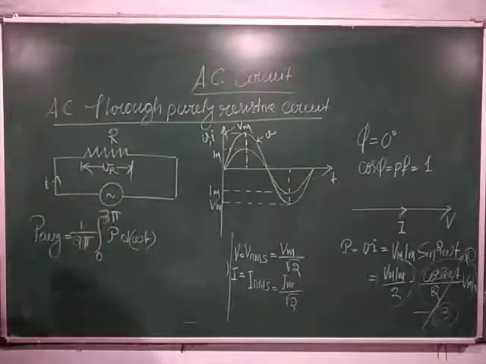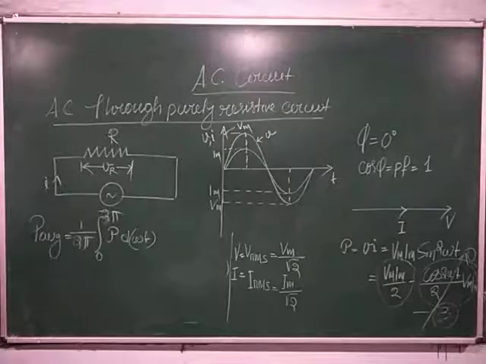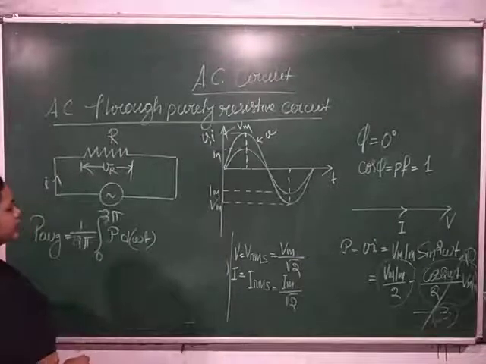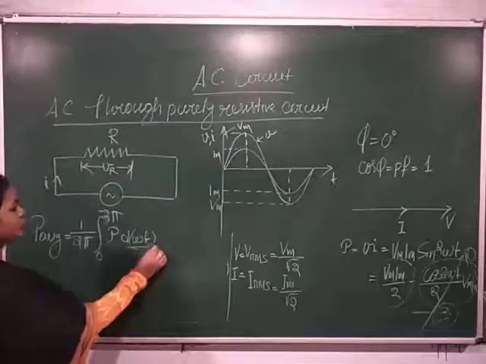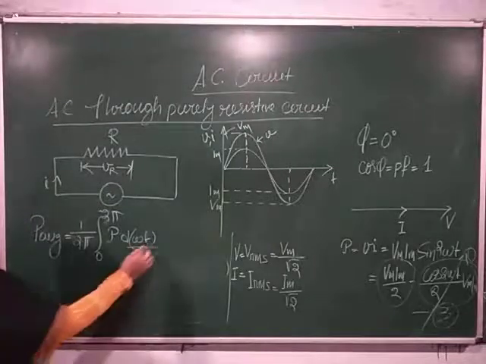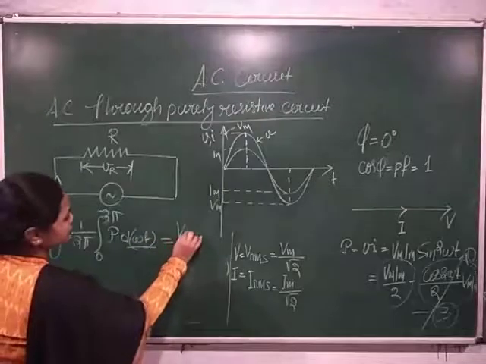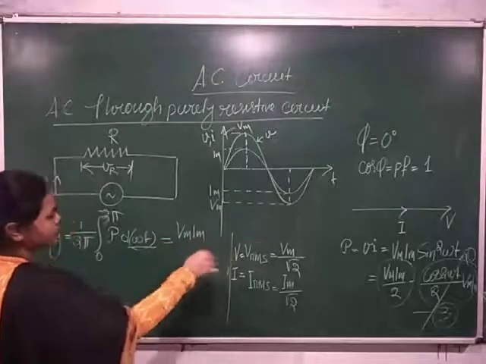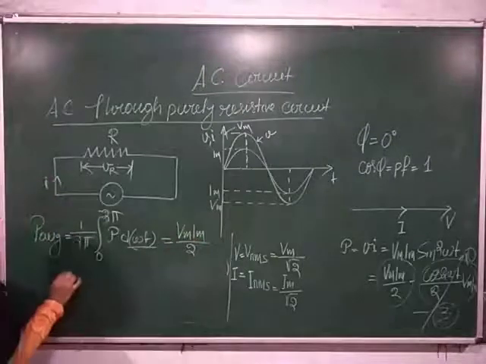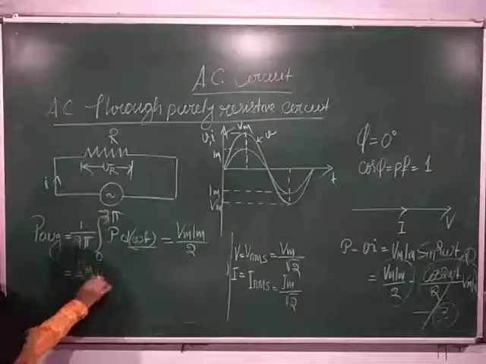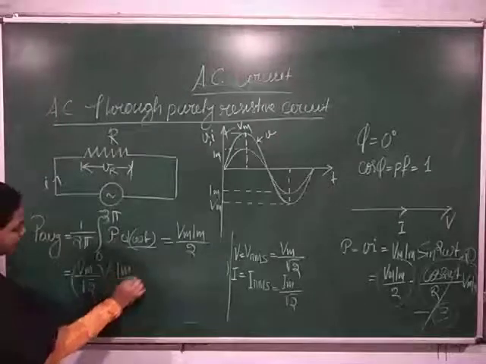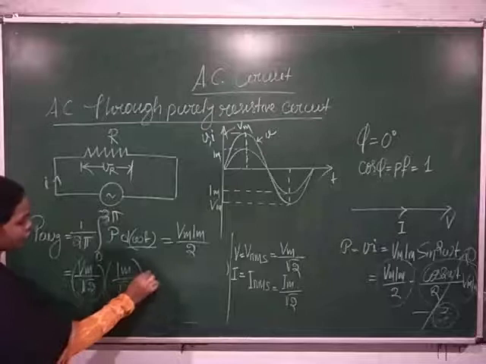Now, if you integrate by putting the value of instantaneous power with respect to omega t, that is theta, you get its value as Vm Im by 2, the second part becoming 0, or I may write it as Vm by root 2 times Im by root 2.